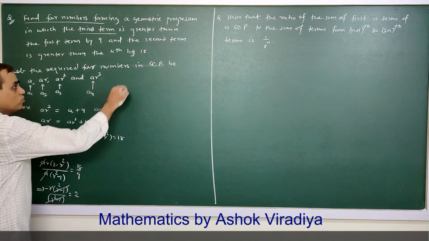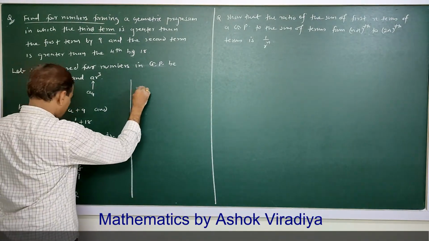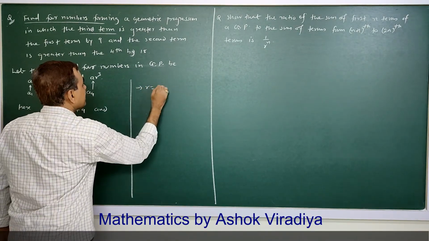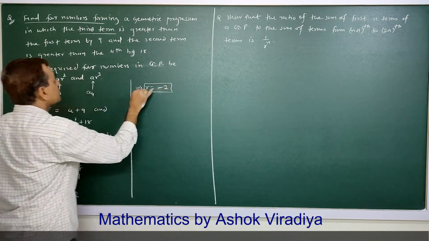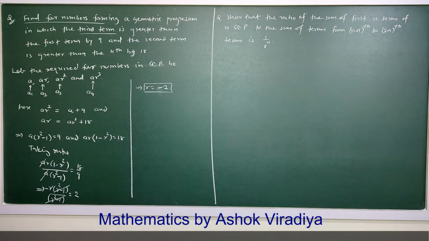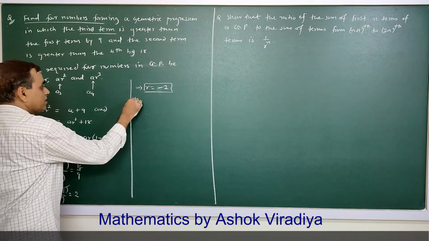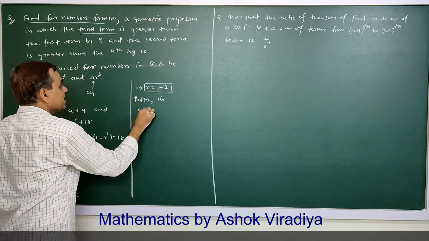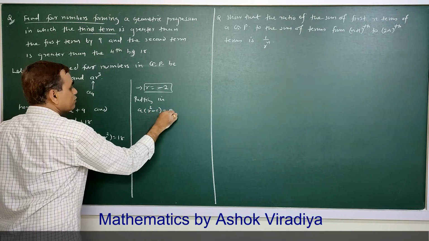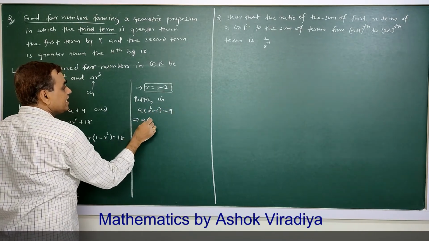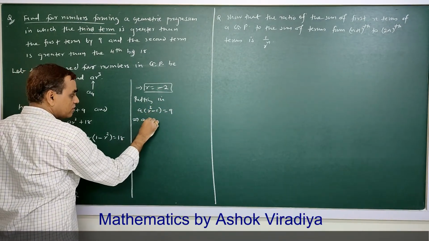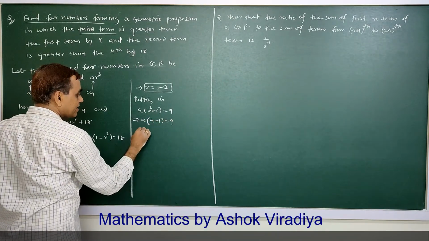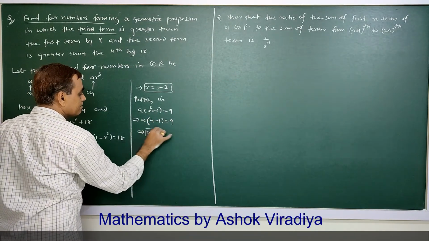So R is 2, therefore R is minus 2. Putting minus 2 in this equation, putting this value in A into R square minus 1 equal to 9. A into R square is 4, minus 1 is 9. So A is 3.